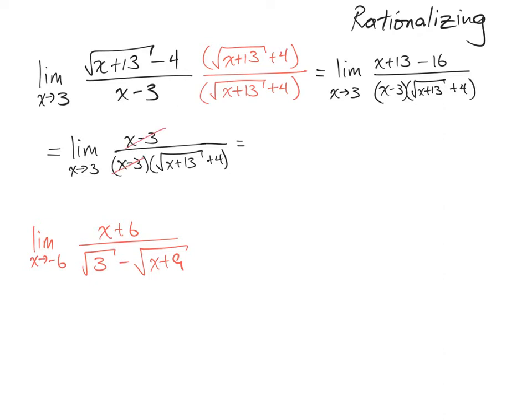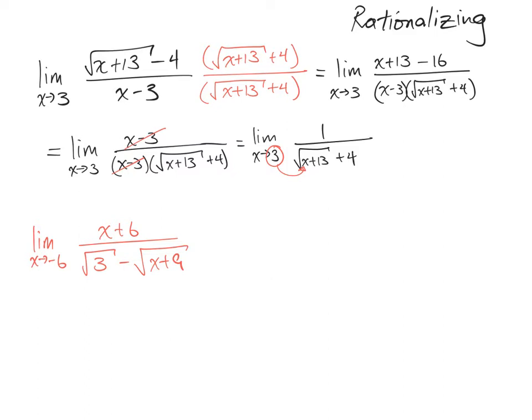So this will give you the limit as x approaches 3 of 1 over the square root of x plus 13 plus 4. And now, if you substitute 3 in for this x, you will not have a divide by 0.